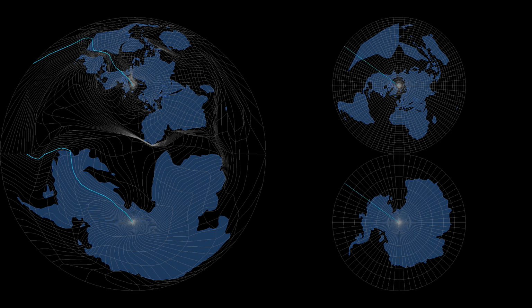The S-curve waveform varies across the projection, but in general is directionally aligned to the split lobe azimuthal equidistant projection.